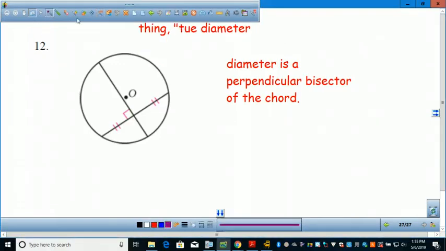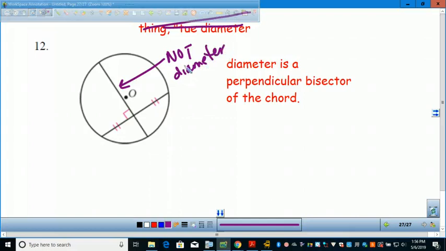What's wrong with the picture? This is not the diameter. How do I know? Because the diameter has to go through the center, and it's not going through the center. So that's what's wrong with it. In order for it to be a perpendicular bisector, it has to be the diameter, but this is not the diameter. So that's what's wrong with the picture.